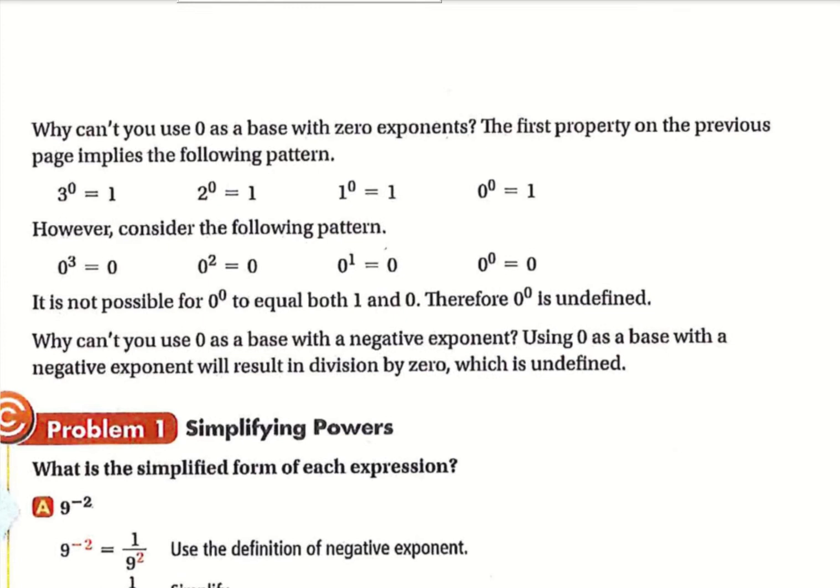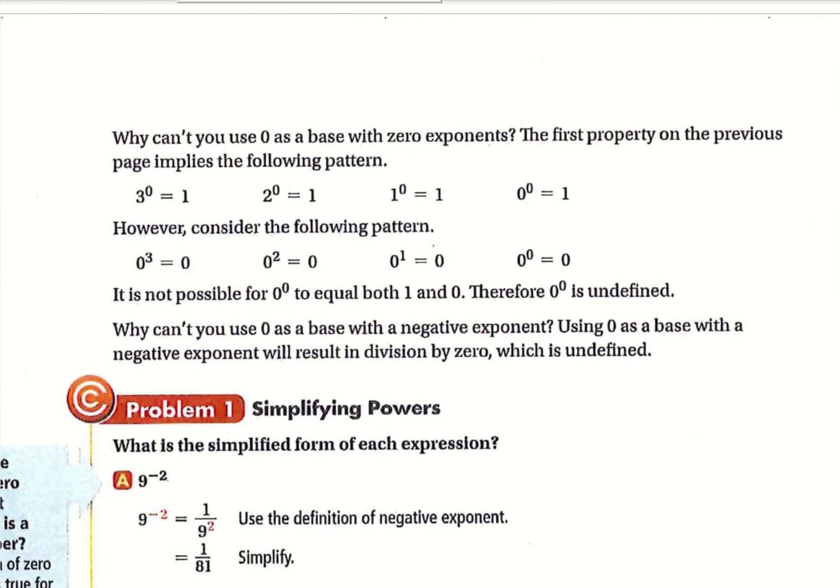I think this is a really interesting thing. If we look at the patterns in two different places, we start with 3 to the 0 power and decrease the base each time. Remember, the base is 3, the exponent is 0.